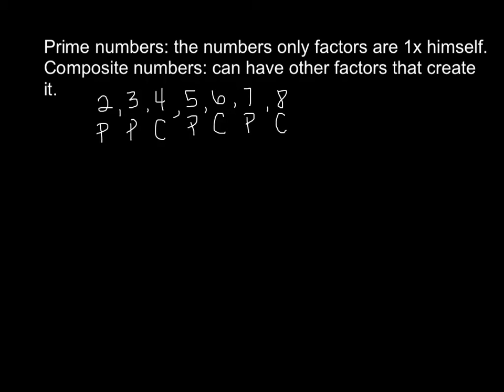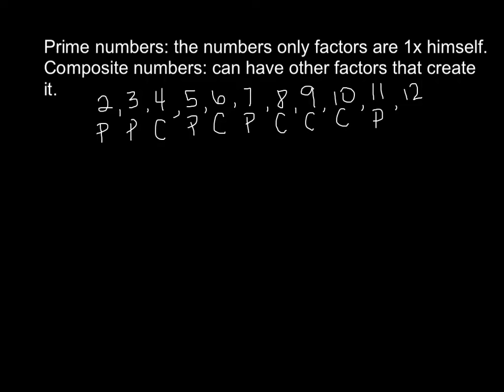He's got other friends, he's composite. 9, 1 times 9 and 3 times 3, composite. 10, 1 times 10 and 2 times 5, composite. 11, just 1 times 11, prime. 12, 1 times 12 and 2 times 6.